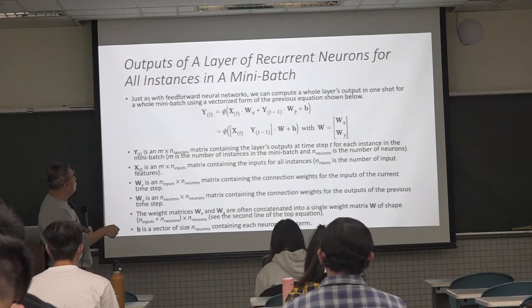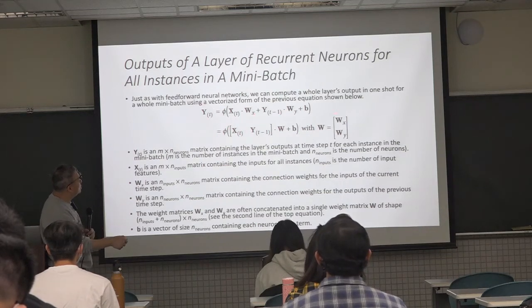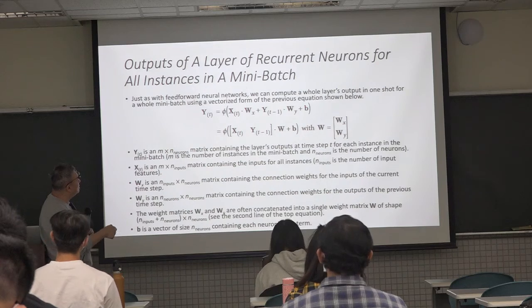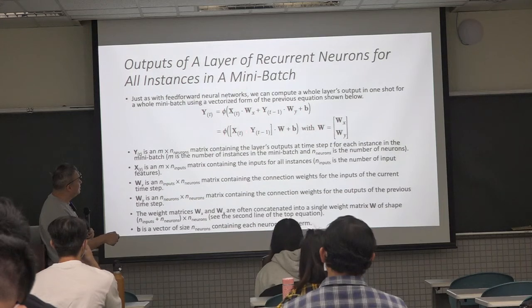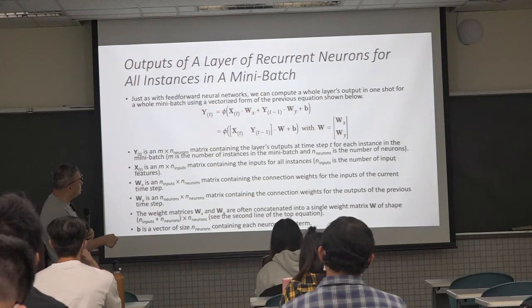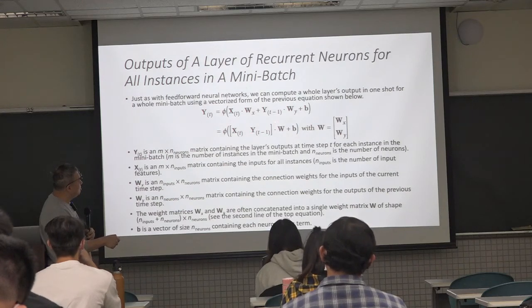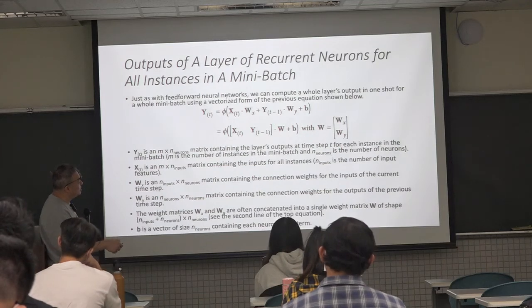Okay, so we already talked about this output. It can be written like this, right? So we can actually rewrite this formula to be something like this. x t, y t minus 1, we put them together, and then multiply by w, and w is of the shape like wx, wy.